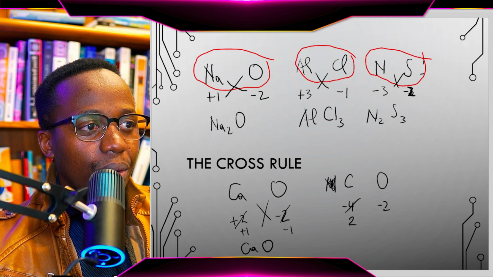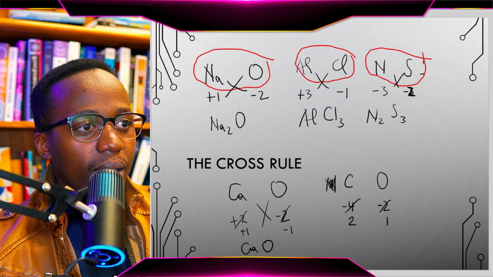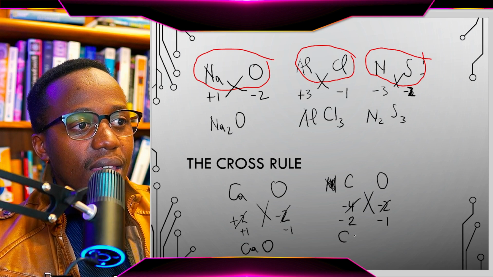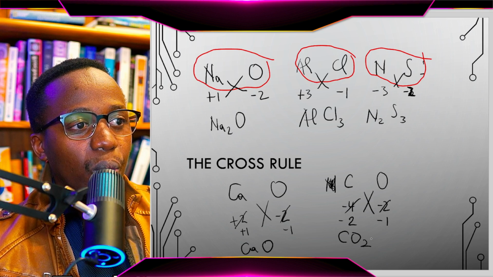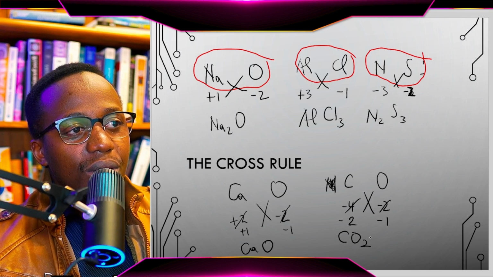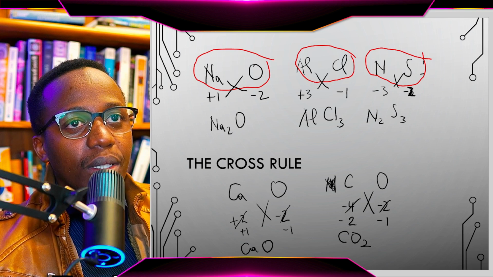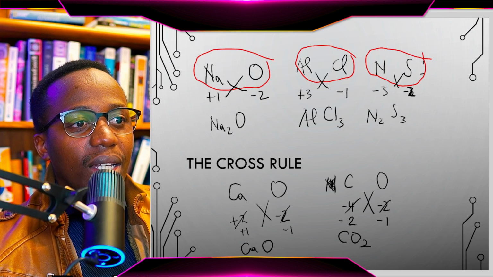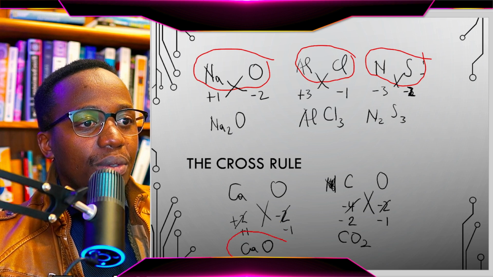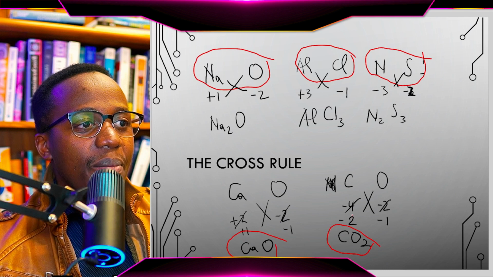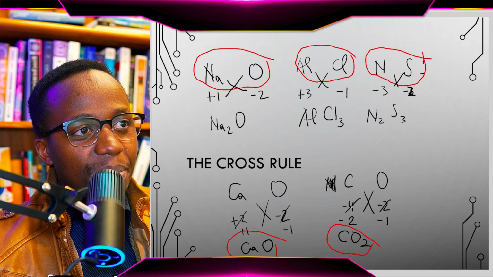So we put 2 here, we put 1 here, so that it's CO2, right? So that's the only time when you might be confused if you can multiply them. But again, don't be confused. All you have to do is simplify them, right? So if there are numbers that can be simplified, simplify them.